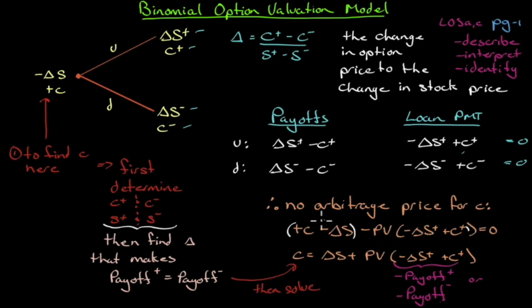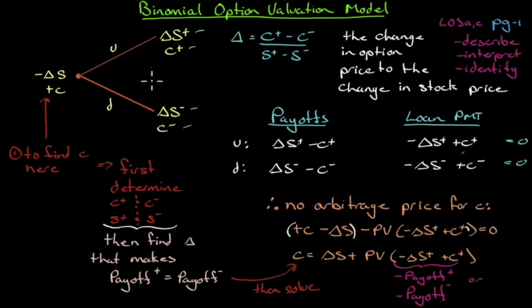Remember before, we looked at financing the original underlying and carrying it to the end of the term and figuring out what the price of the forward must be because of the cost of carry. Here we're trying to figure out what the cost of the call is. Since we don't know the cost of the call, what we do know is that if we have an up move or down move, we can figure out the price of a European call because it'll either be in the money or it won't.